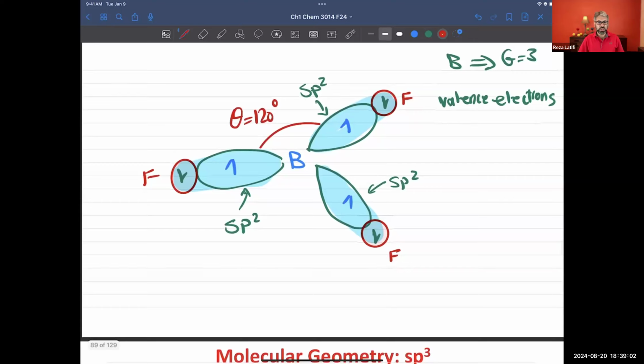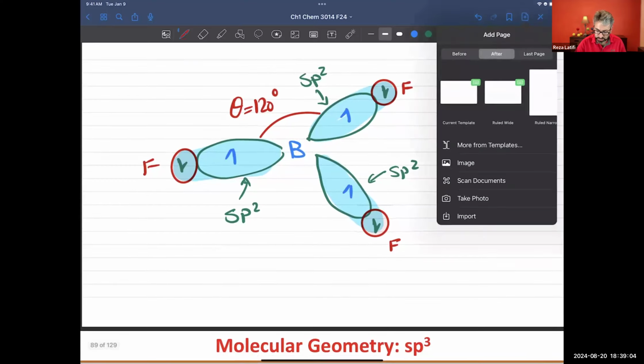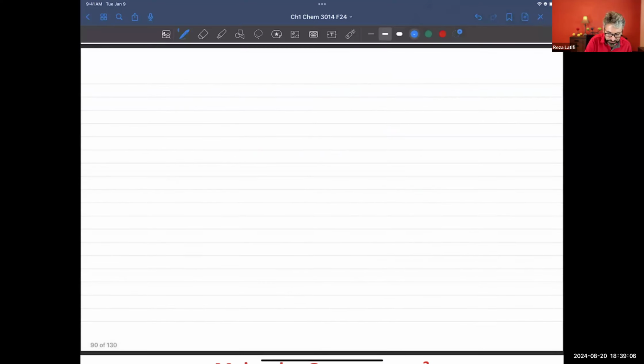Okay, so next one, we're going to switch to AB4, forgive me. An example you can go with is CF4 or CCl4.